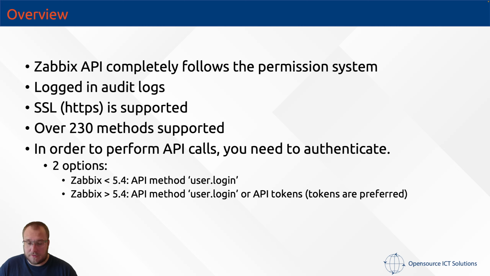For the older Zabbix versions, and I'm talking about everything older than 5.4, you should use the API method user.login and get out the token. Or in the newer versions, you can still log in or use the API token defined in the front end. And of course, tokens are preferred because then you are not sharing credentials in some sort of scripts.